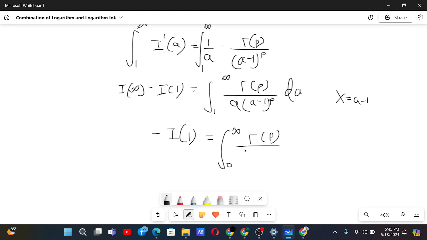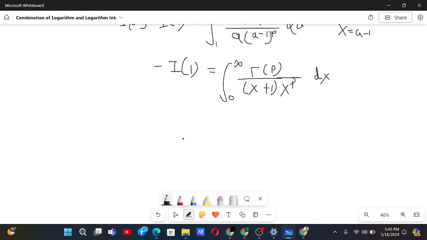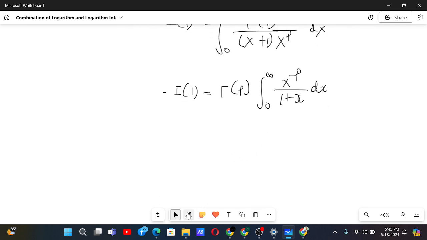Now a is just x plus 1, and x to the power p. Now da is just dx. And gamma p is just a constant, so it can be taken out of the integral. Minus I of 1 equals gamma p times the integral from 0 to infinity of x to the power minus p by 1 plus x dx.